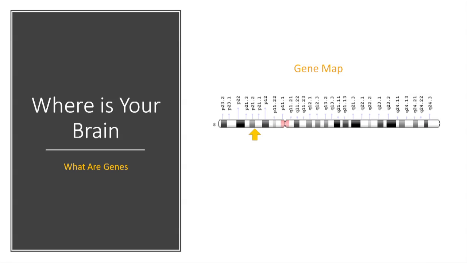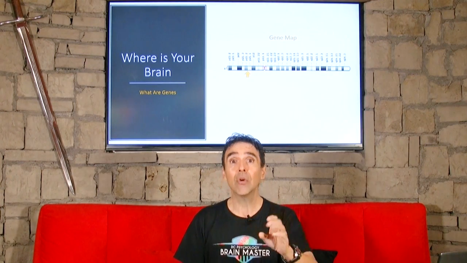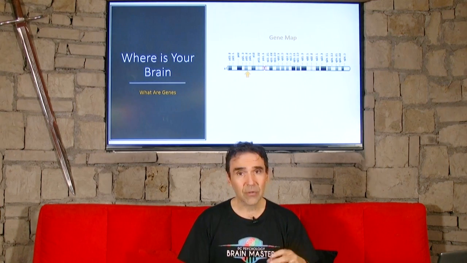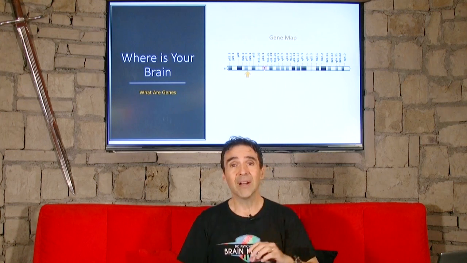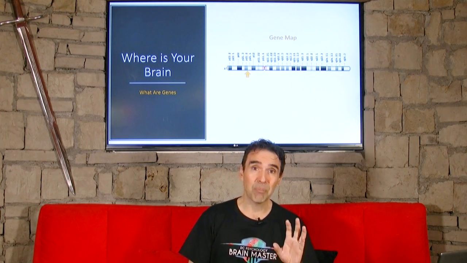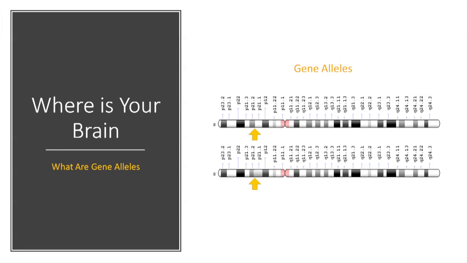Now, let's look at a gene map. Now, you'll notice that a gene map very specifically identifies all these little colored areas, and those represent very specific genes. And, of course, the scientific community has come up with a very cool way of numbering them. Don't worry about it. It's not really that important at this time. But let's look at what is important.